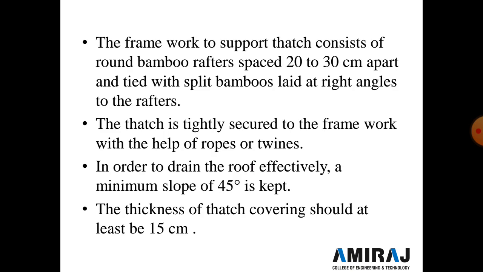The framework to support the thatch consists of round bamboo rafters spaced 20 to 30 centimeters apart and tied with split bamboo laid at right angles to each other, and the thatch is tightly secured to the framework with the help of rope or twine.